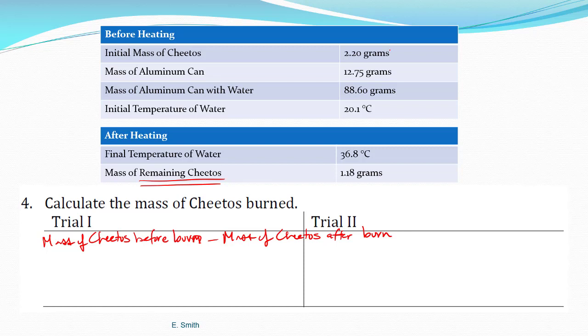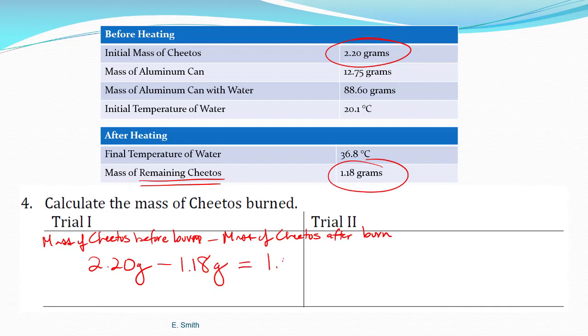My mass of the Cheeto that I started with is 2.20 grams. It ended up that I had a leftover mass of 1.18 grams of the Cheeto. So that means that I actually had 1.02 grams of the Cheeto that burned.